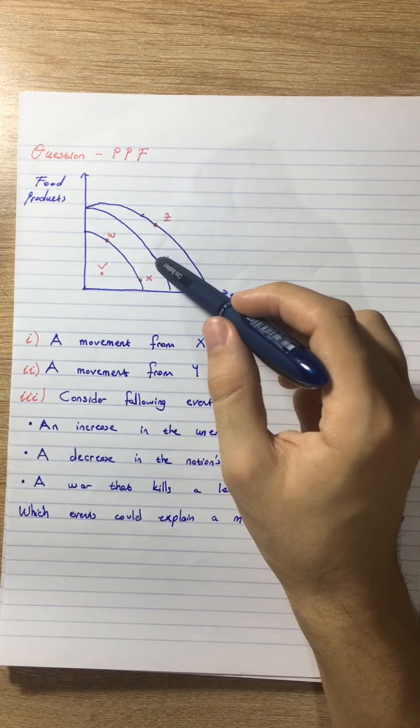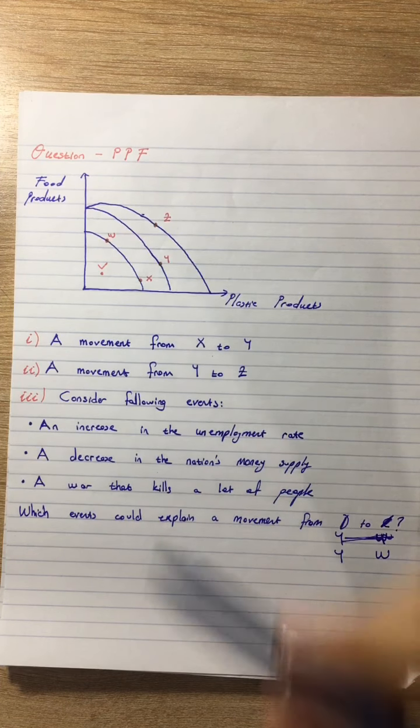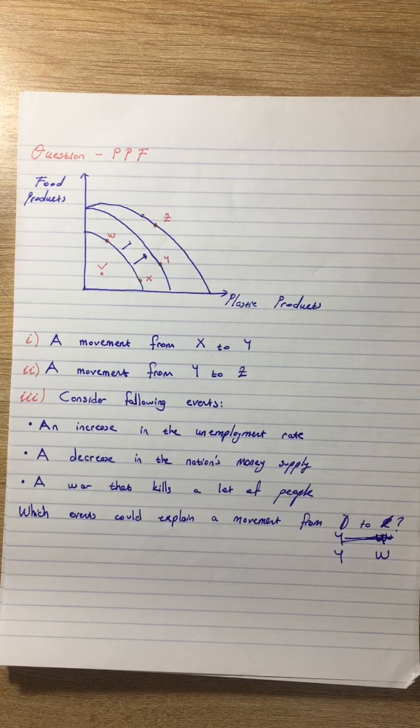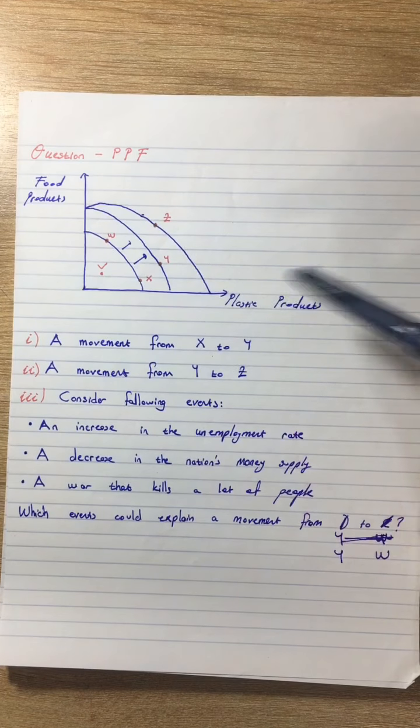As you can see, we can produce more quantities, more units of products than before. So an explanation could be a technological development in both industries, or an influx of immigrants into the country, because immigrants tend to lower the minimum wage, and that would lower the cost of resources, and that would boost the production. So this could be an explanation. An important point to notice here is that the increase in production capacity happened in both industries.